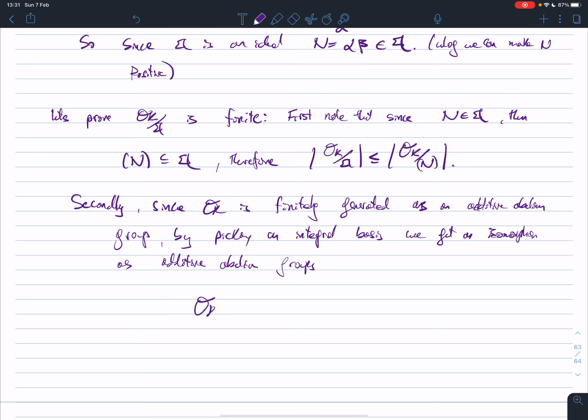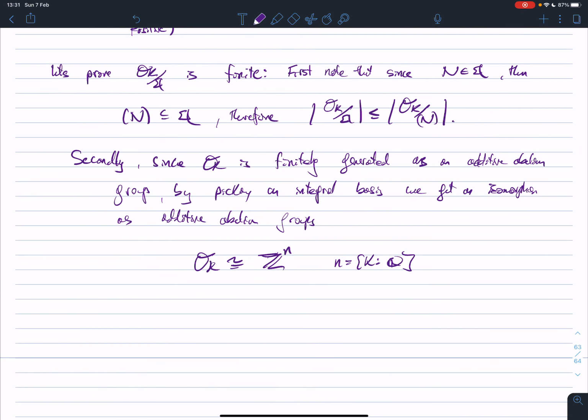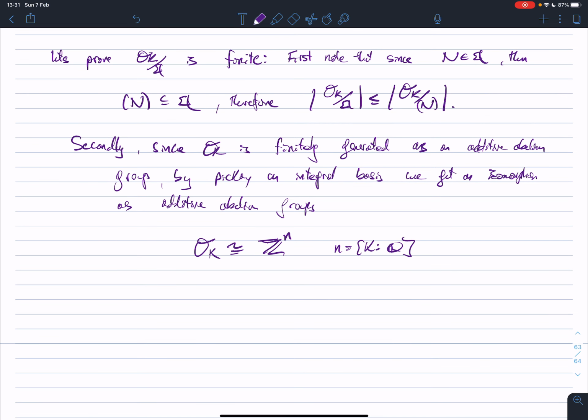So you get O_K is isomorphic to some bunch of copies of Z, Z^n, where n is the degree of your field. This is what it means when I say O_K is finitely generated as an additive abelian group. It means that there is some isomorphism to Z^n.